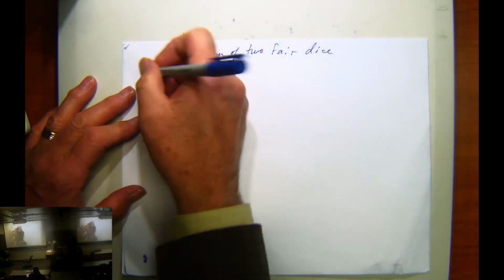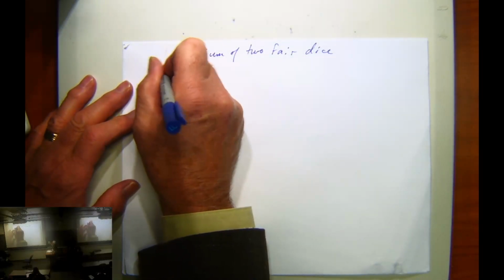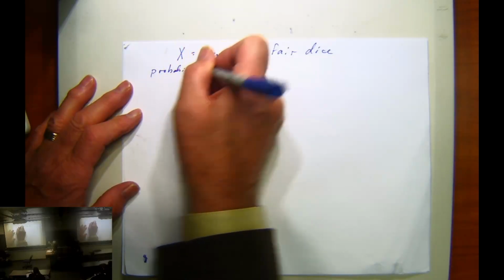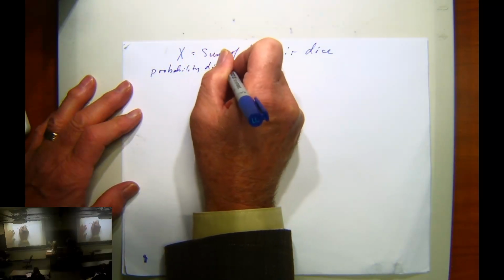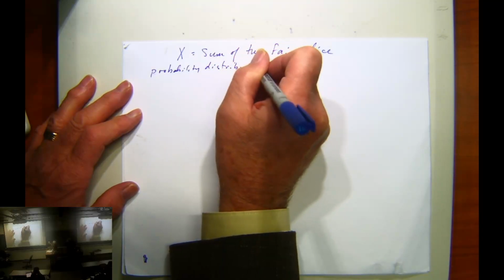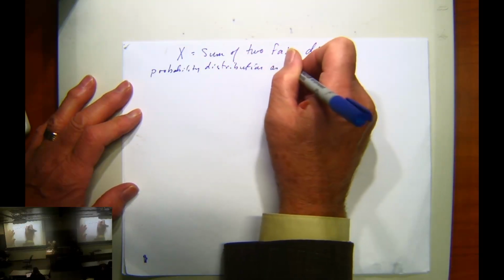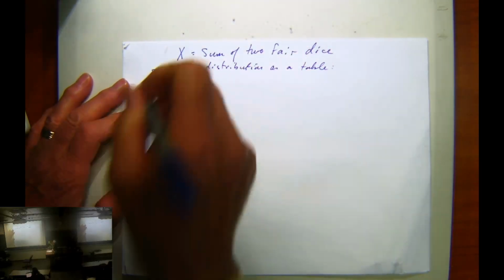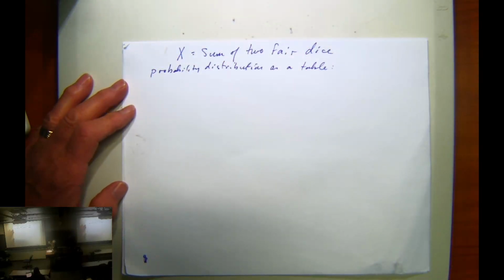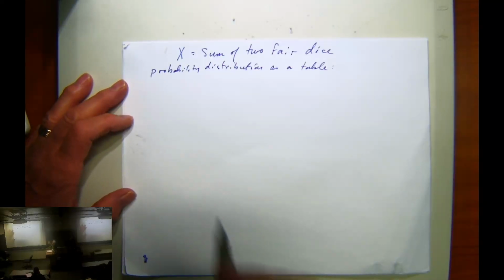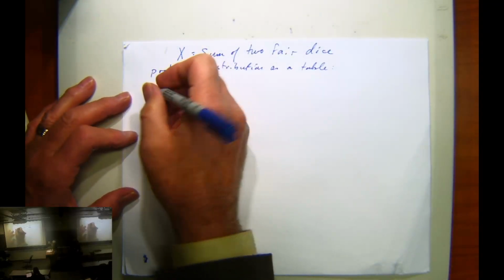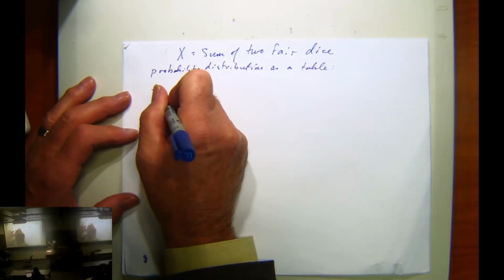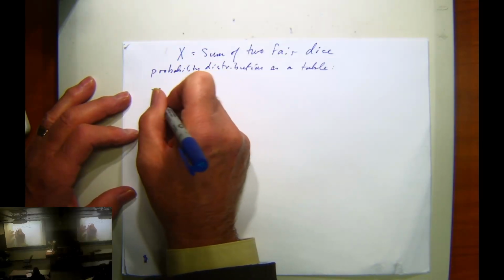And so here's the probability distribution as a table. We are going to put in our X and our P of X.